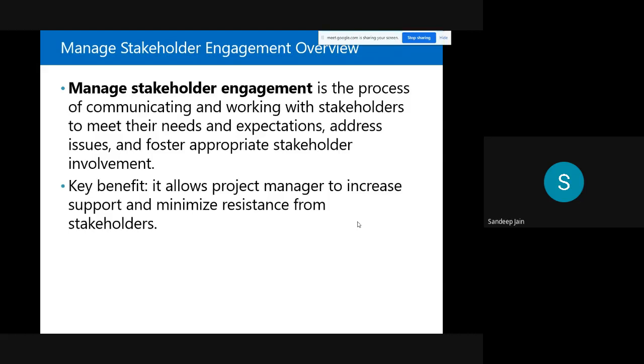So this process just says that it is a process of communicating and working with stakeholders. But how exactly you do it can be learned only by going through the discussions and the case slides. The slide is not going to tell you exactly how you can do it.